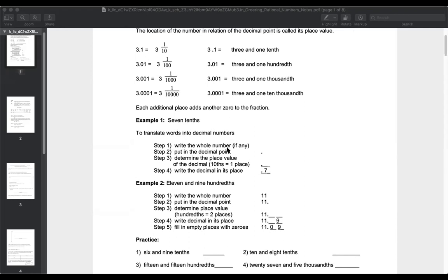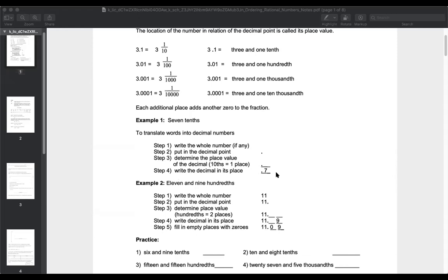I would write the whole number, but there's no whole number. I'd put in the decimal point. Determine the place value of the decimal: is it the tenths place, or the hundredths place, or whatever? And then write the decimal in that place. So in that case, it was just 0.7. Pretty simple. If I have 7/10, I make it 0.7.